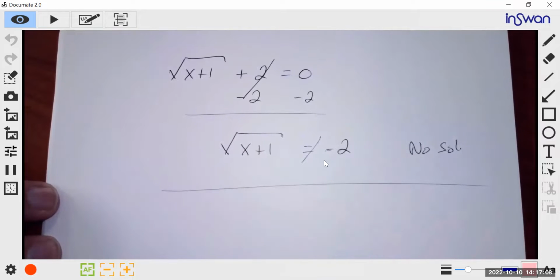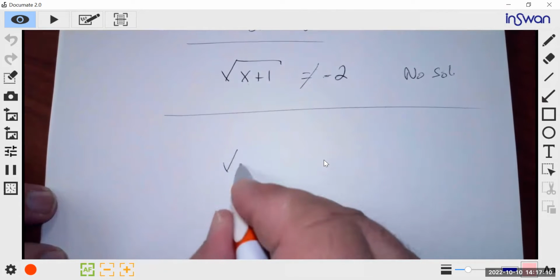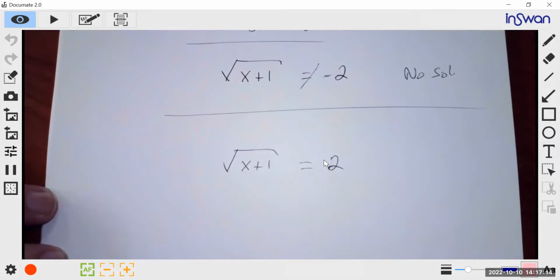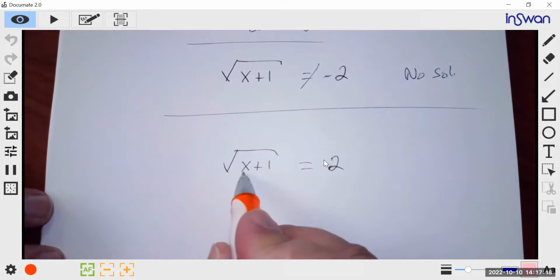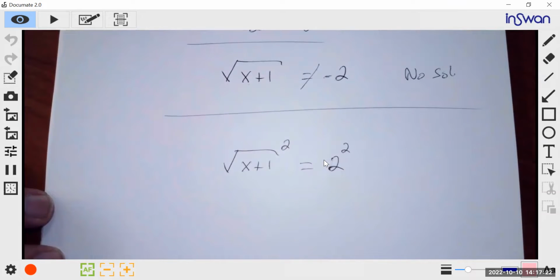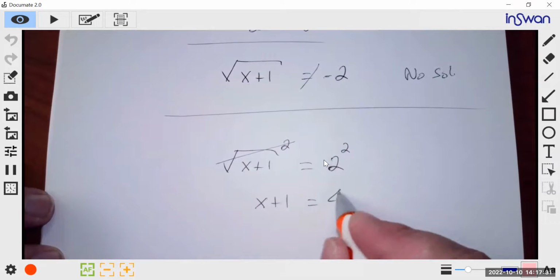So that could happen, but let's pretend that it's a positive 2. You want to get to the x, but we can't because there's a square root. So we have to square both sides. The square root and the square cancel. 2 squared is 4.